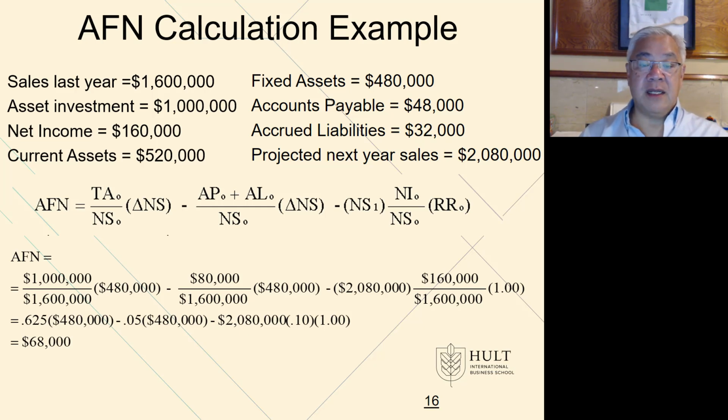Next factor, what is the accounts payable and liabilities? We add together the AP of 48 and the accrued liabilities of 32, and that's 80. That's the numerator. The net sales, again for the base year, is $1.6 million. That generates a ratio multiplied times delta sales of 480. We just derived that. And from that we subtract another amount for the amount of money we keep from profits.